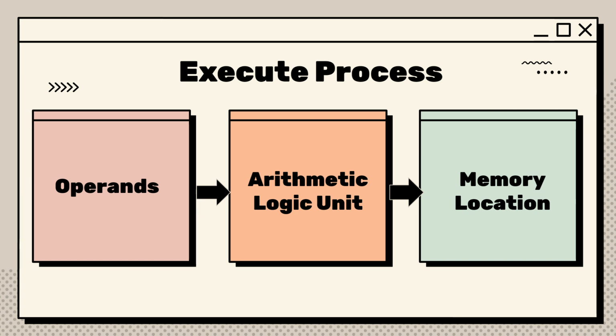Inside every computer is a chip known as the Central Processing Unit or CPU. Its job is to execute instructions given from the software by fetching the operands from memory and sending them to the arithmetic logic unit, that is the ALU, to be processed. The ALU then performs an operation based on the program instruction and outputs the result.